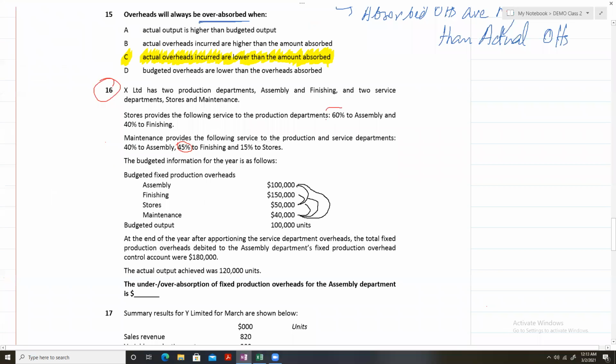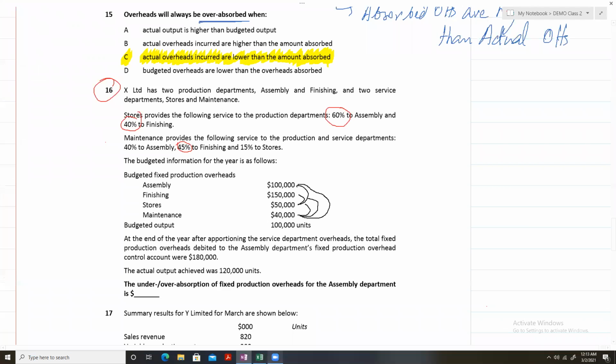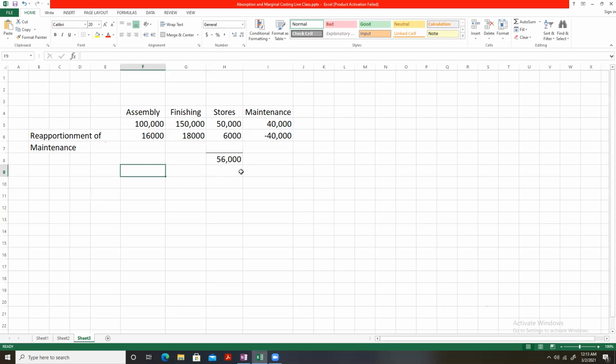Stores performs 60% of its services for assembly and 40% for finishing. This means that out of this 56,000, 60% should go to the assembly department, and 40% should go to the finishing department.